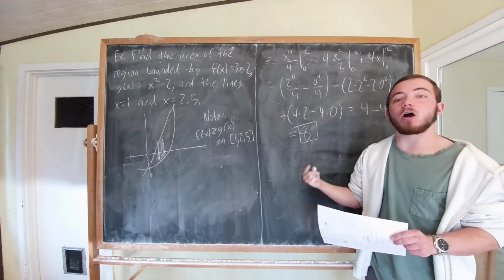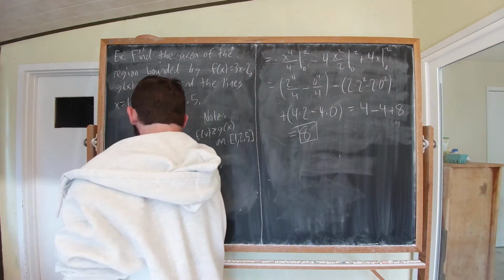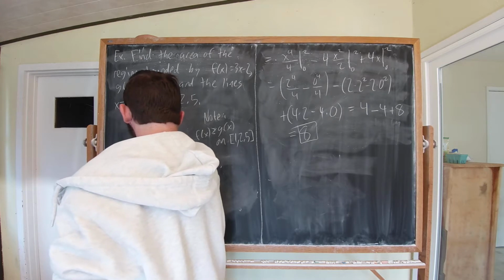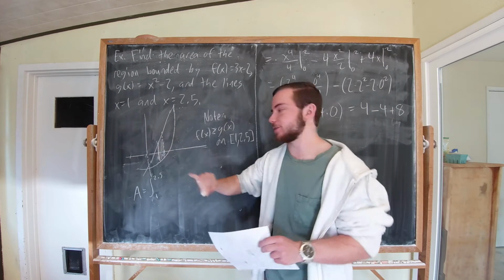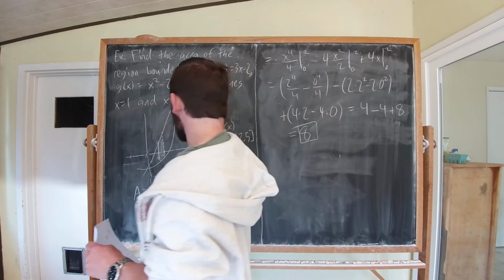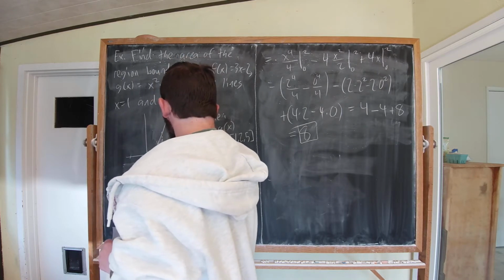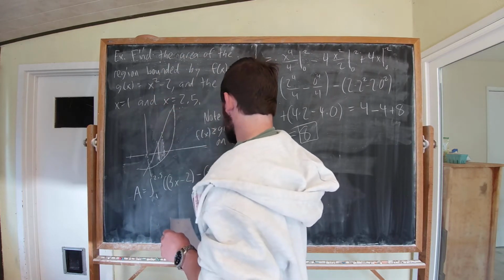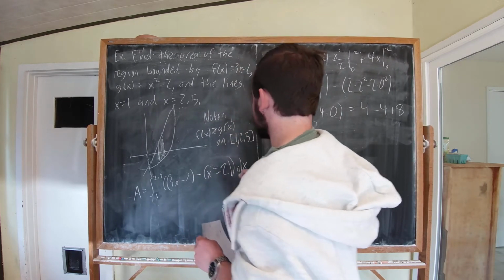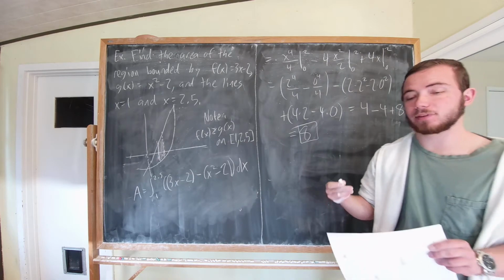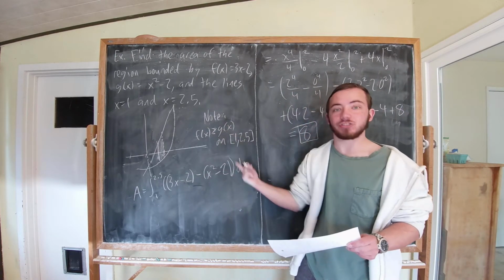So, by our theorem, our answer is the integral from 1 to 2.5, since that's the side boundaries for our region. The integral from 1 to 2.5 of 3x minus 2 minus x squared minus 2 dx. F of x minus g of x, because f of x is above g of x.